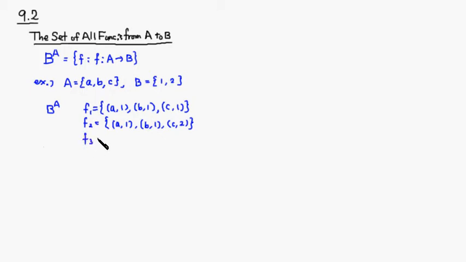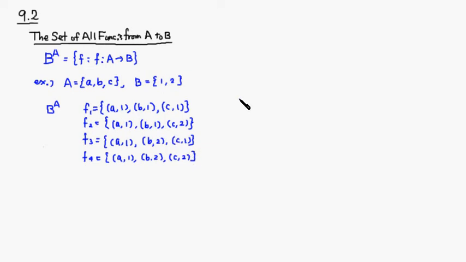F3 could be a function that maps a to 1, b to 2, and c to 1. F4 could be a function where a is mapped to 1, b is mapped to 2, and c is mapped to 2.